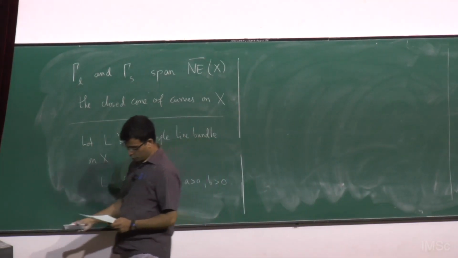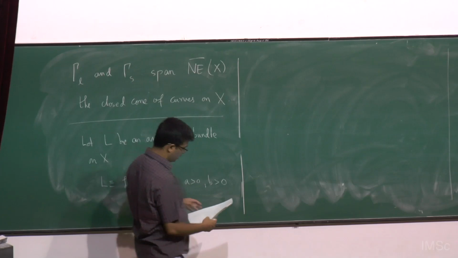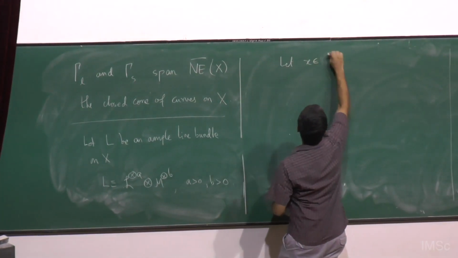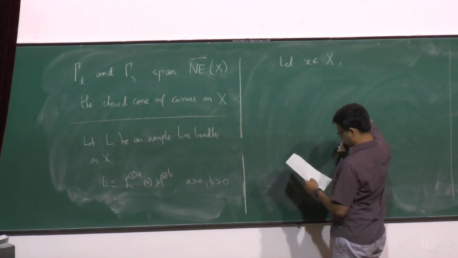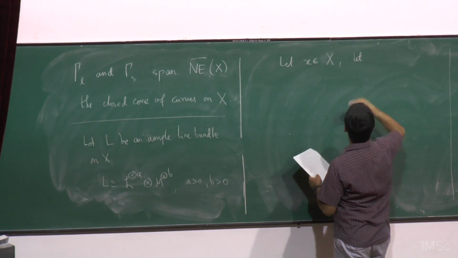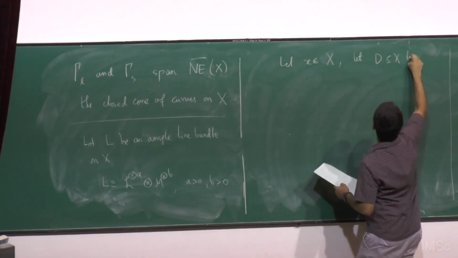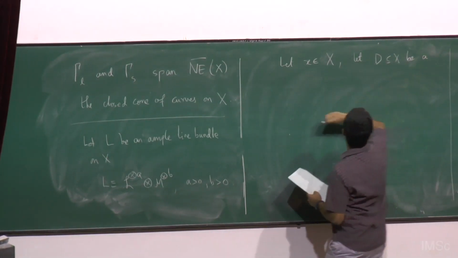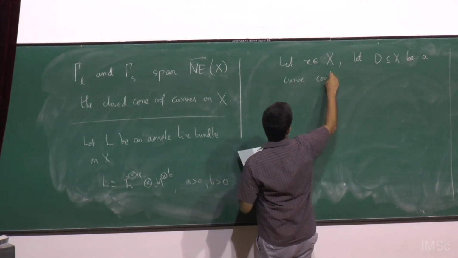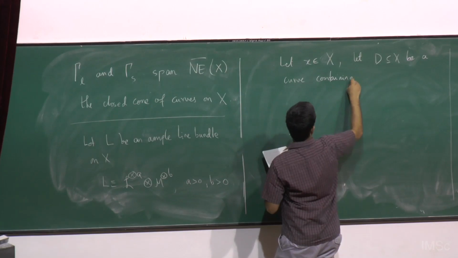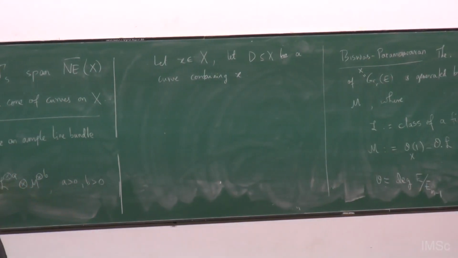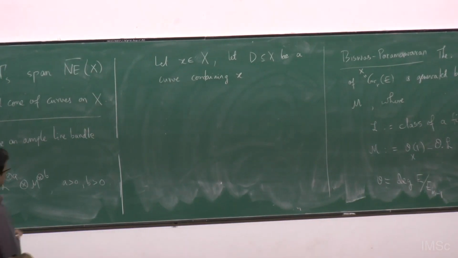So we want to compute the Seshadri constant of such an L at some point x, and let me use the letter D: D is a curve on the Grassmann variety containing the fixed point small x.